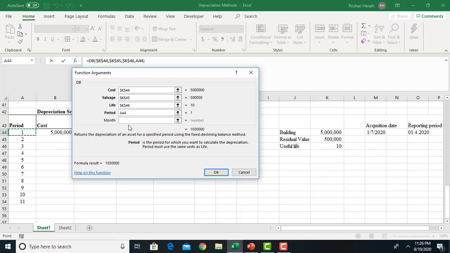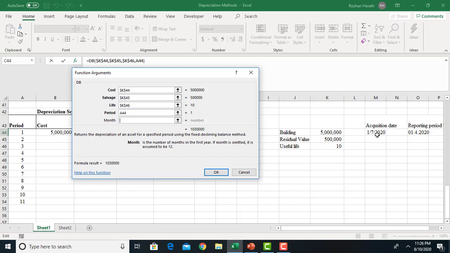And now we are coming to the most important point, that's about the depreciation for the first year. Here the first year and the last year are quite special. Why is that? Because in the first year you need to depreciate this not for the 12 months but for 9 months, because your reporting period begins on 1st of April, so consequently it ends on 31st March.